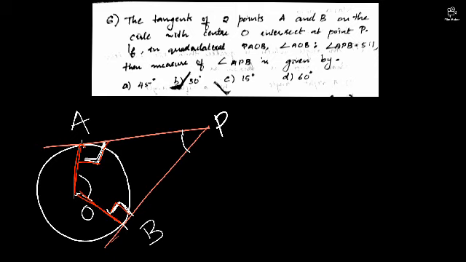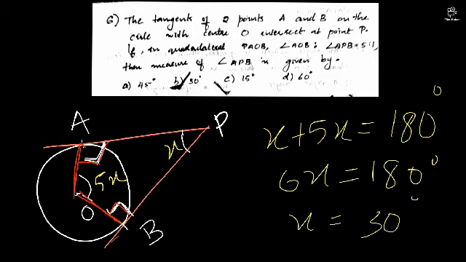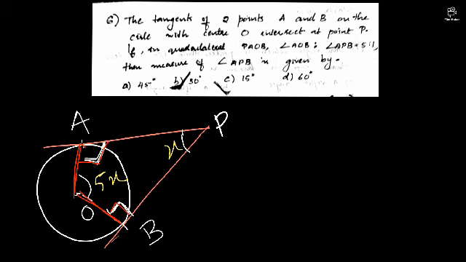So we are given the ratio of angle AOB and angle APB as 5:1. We can take it as 5x and x. Then if they are supplementary, x plus 5x will be 180 degree, therefore x will be equal to 30 degree. That is what we have to find. So angle APB measure will be 30 degree, that means B option.